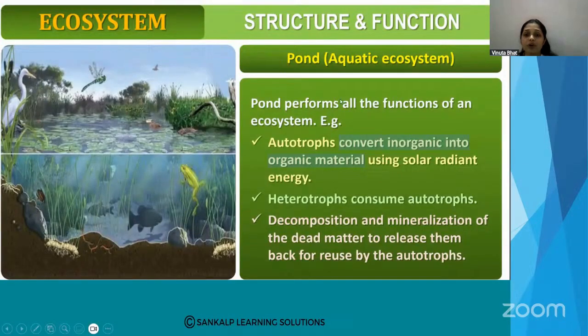So, a pond performs all the functions of an ecosystem. If you take the pond ecosystem as an example, you can see all different types of functions in that ecosystem. The first type is autotrophs convert the inorganic substances into organic material using solar radiant energy.